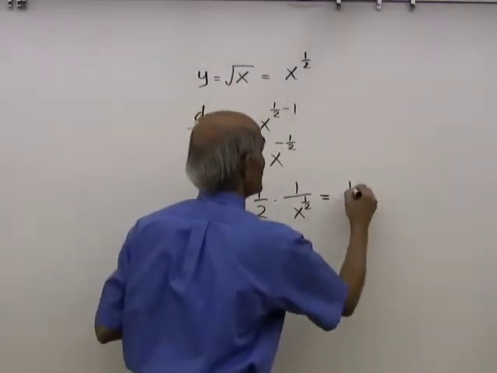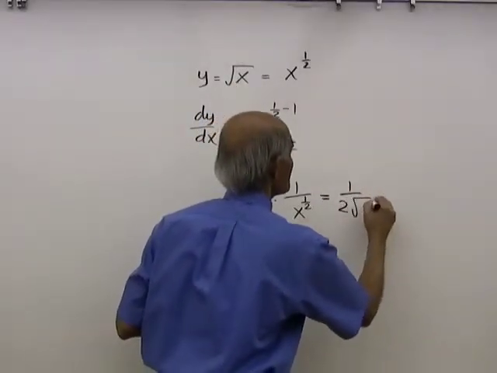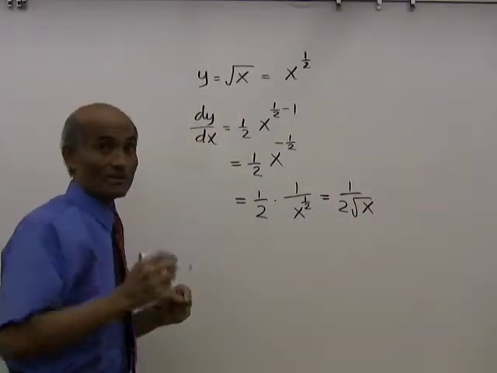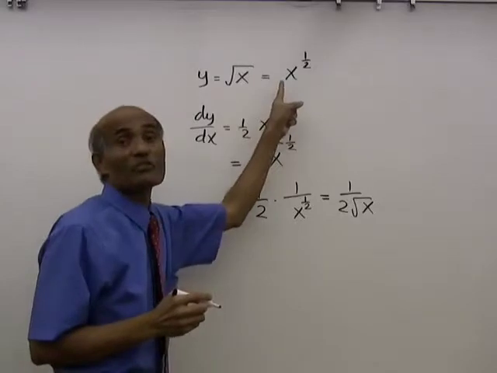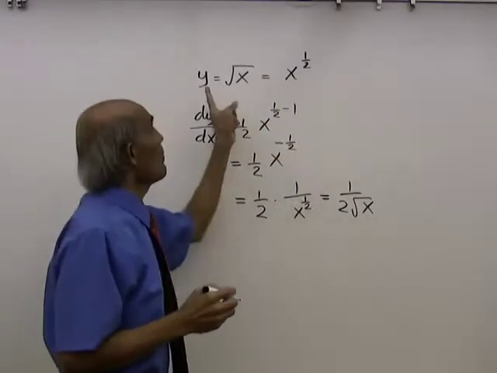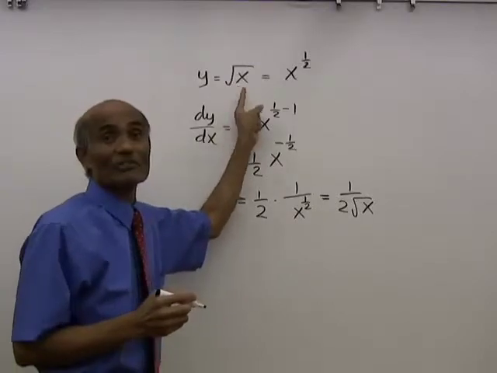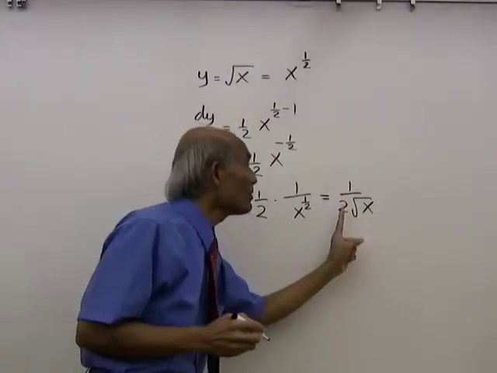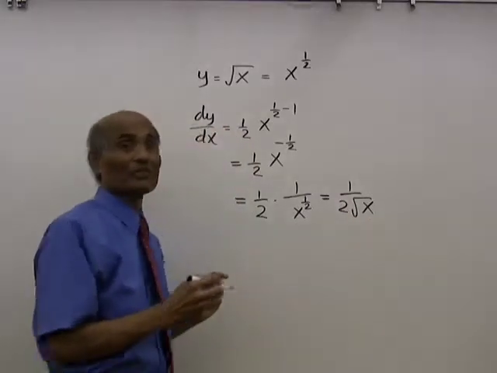So that will be 1 over 2 square root of x. And I told you some time ago that these results are important and you must remember it. If y equal to square root of x, then dy by dx is 1 over 2 square root of x.